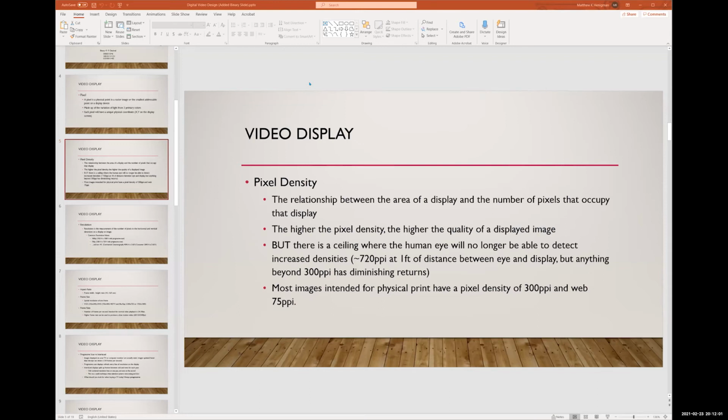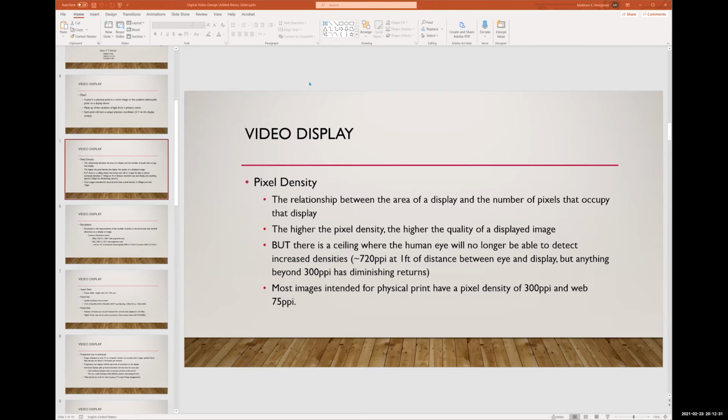Videos that are rendered for larger displays, banner displays, event halls, things like that, require higher pixel density because the person will be able to get closer to the display and your eye will start to be able to detect the individual pixels that make up that image. So there's definitely that distinction.